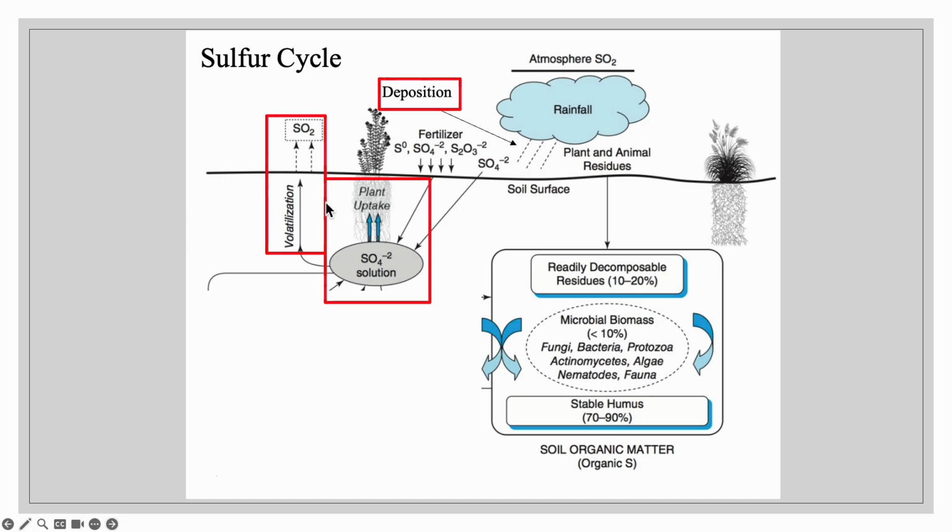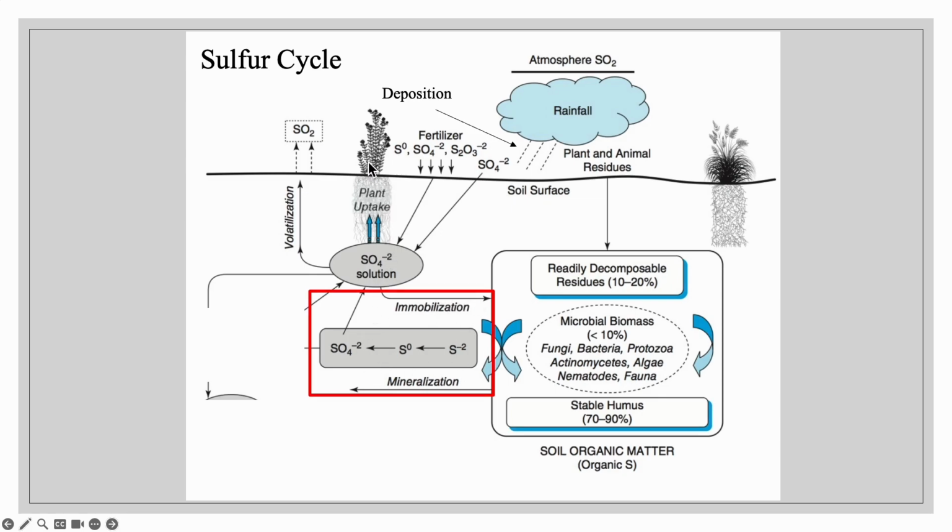The whole purpose of applying fertilizers is for plant uptake. And some of this sulfate can be volatilized. It's a very small amount, just in general, because there are some transformations that occur that make SO2, which is volatile. So deposition, plant uptake, or volatilization.